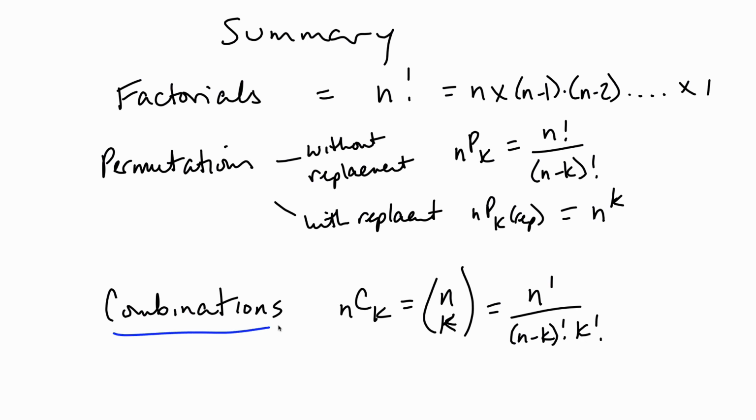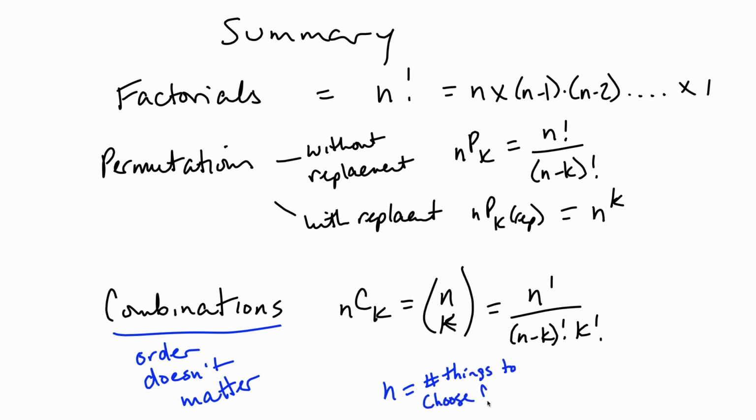And the major difference is that with combinations, order doesn't matter. N is the number of things to choose from, and k is the number of slots you're going to put them in.